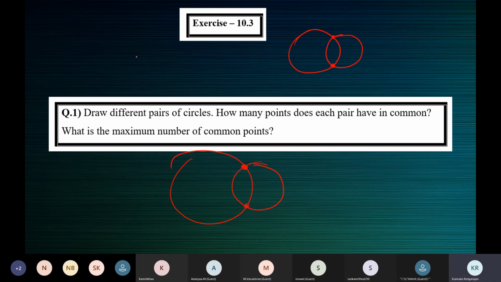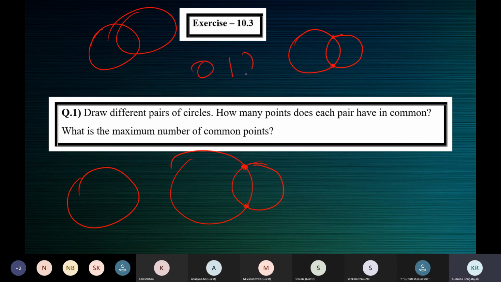Now you cannot draw 2 circles that have 3 points in common. You try to draw, but you cannot. We started with 0, then we saw 1, 2. Now we're trying to draw 3, but we cannot draw. You cannot draw 2 circles that have 3 points in common.